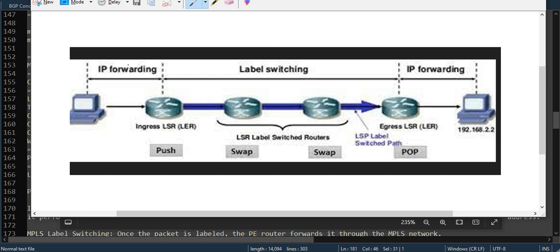This is our forwarding path, this is our source, and this is our destination network. The packet is coming from source to destination. This is the forwarding path.